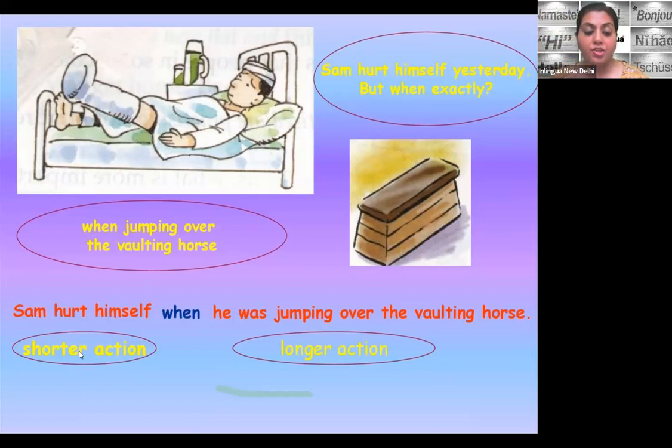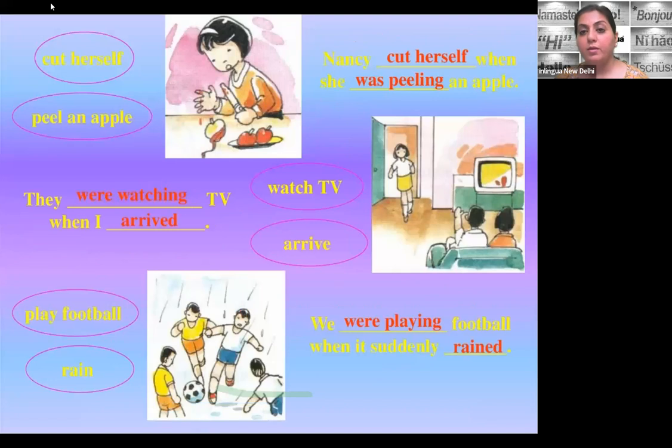So the shorter action is Sam hurt himself. The longer action is he was jumping over the vaulting horse. And we are joining this with when. You can also put while before the ing word. You can also say Sam hurt himself while he was jumping over the vaulting horse. Okay.